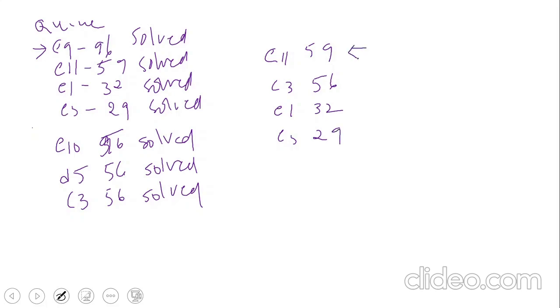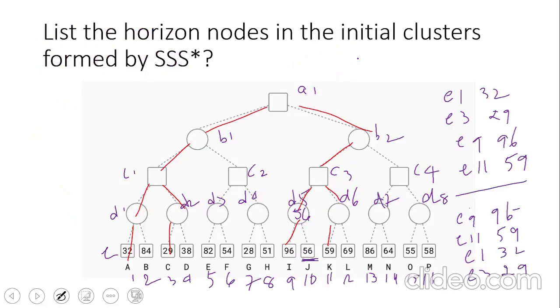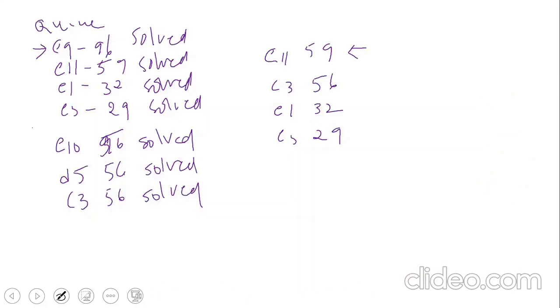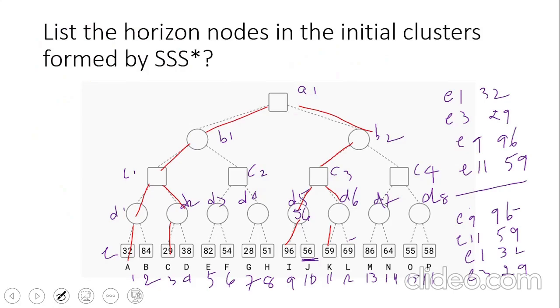Next pop E11, E11 with 59. So E11 with 59 means next the node is E12. E12 is solved, with value 69. When E11 and E12 are solved, then D6 is also solved with the minimum value 59.